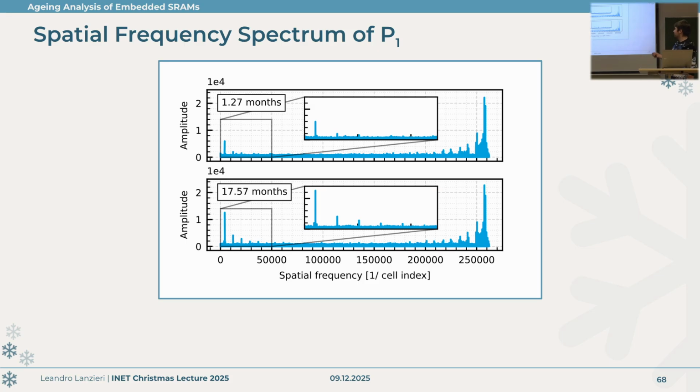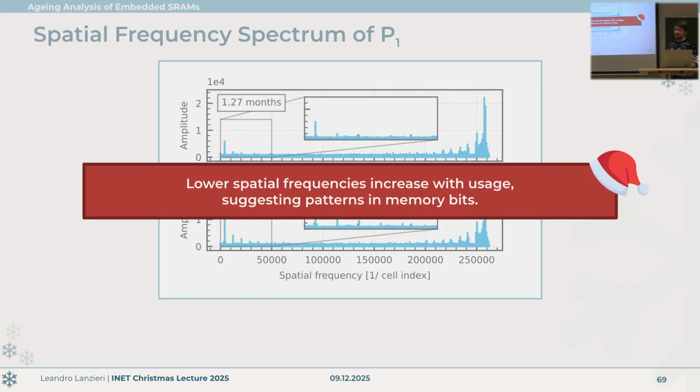Although both have some activity on the higher part, which is basically the noise, we can see that there is a much bigger increase here in the lower frequencies, which suggests that there are some patterns in the device usage. Although the firmware was not the same, there is some kind of pattern in how the bits of the memory in that part start up.